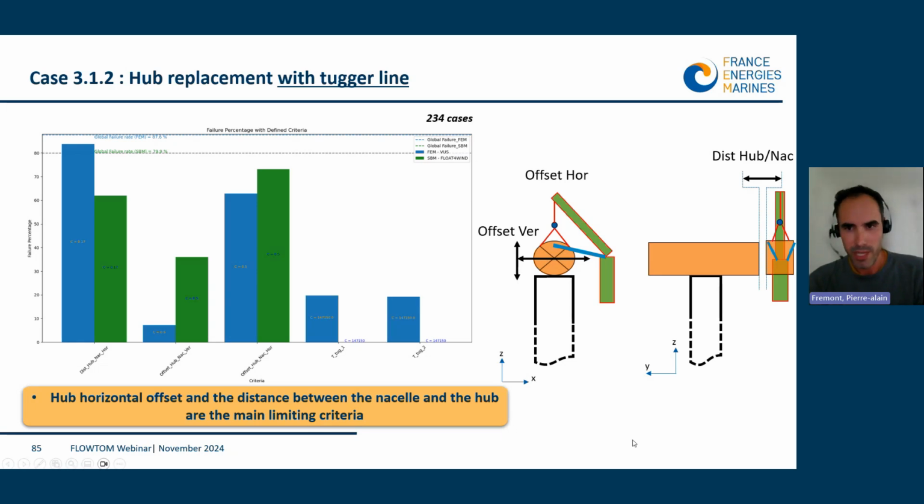Also, we managed to control the tugger line tension for the TLP, and not for the semi-sub, but as explained during the introduction, we have some different modeling on the tugger lines, which may explain the differences in results between both floater categories. So we need to consider that the results are not due to the floater itself, but probably more due to the simulations and the tugger lines modeling.